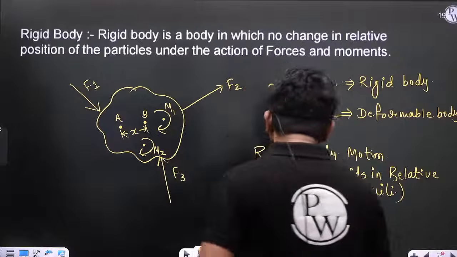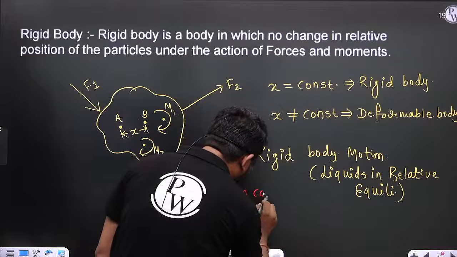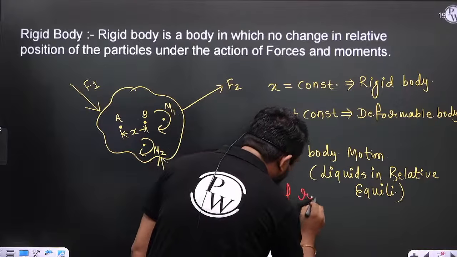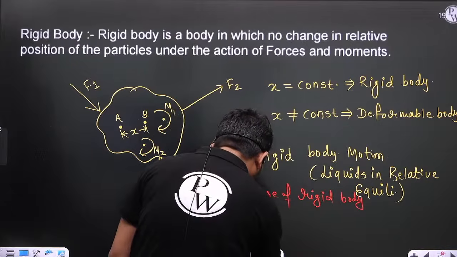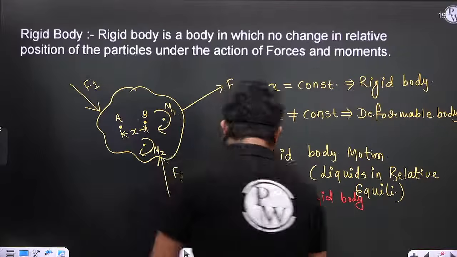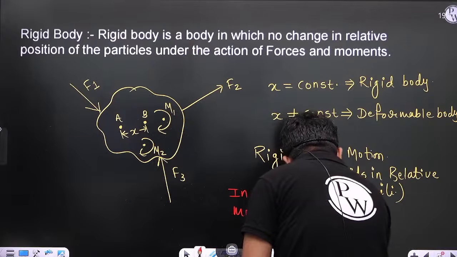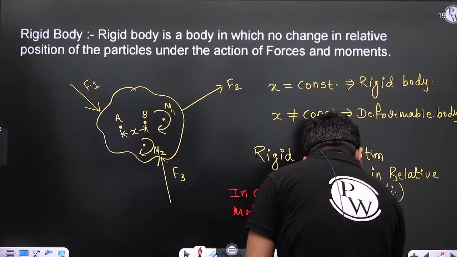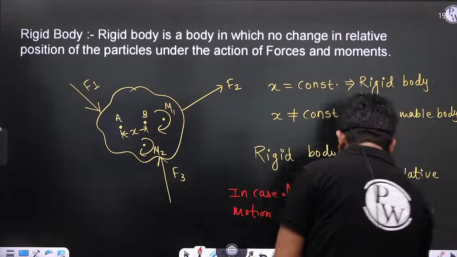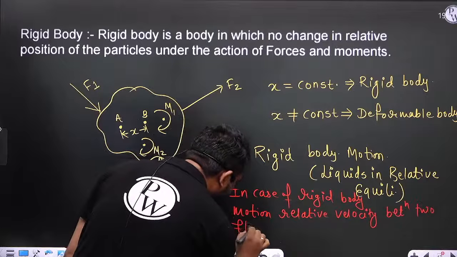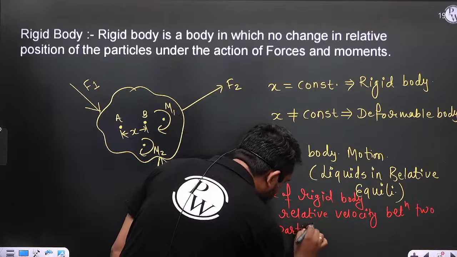So in case of rigid body motion, the relative velocity between two fluid particles is zero.